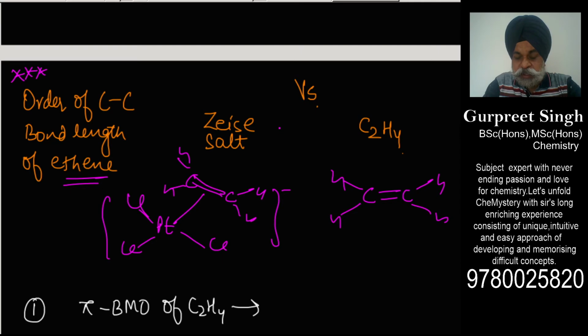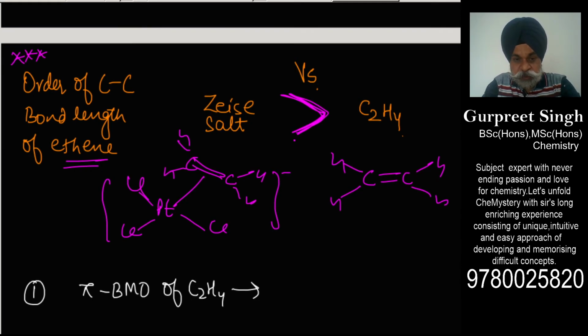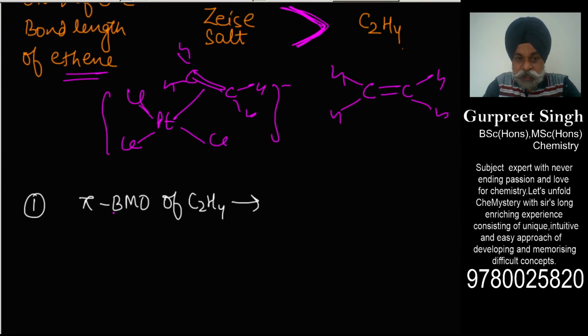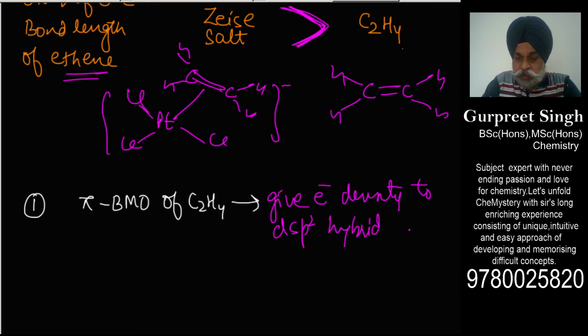So we will say this CC bond length in Zeise salt becomes greater. Why does it become greater? Because of two reasons. One, the pi bonding molecular orbital of ethene gives electron density to the dsp2 hybrid orbital of platinum.